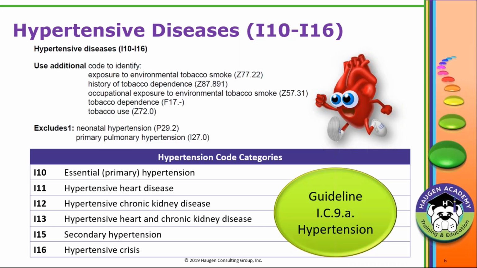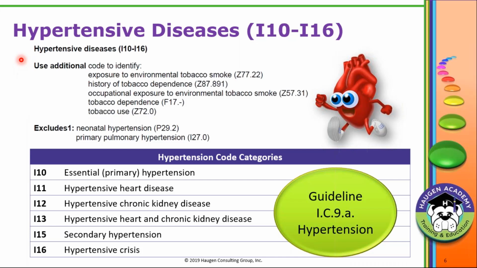And for those of us who've been coding for a long time, I think it's really important to get back to the coding guidelines. As I was preparing this presentation, I realized that it's been such a long time since I've read the hypertension guidelines. There are guidelines for things that I didn't recall, and it's always good to go back to it. So on this slide, we see the tabular listing for the section I10 through I16.